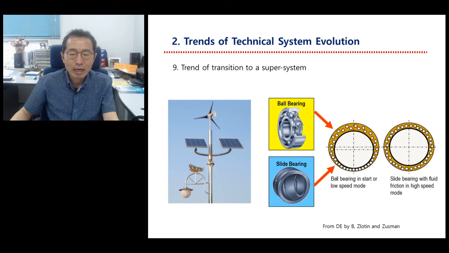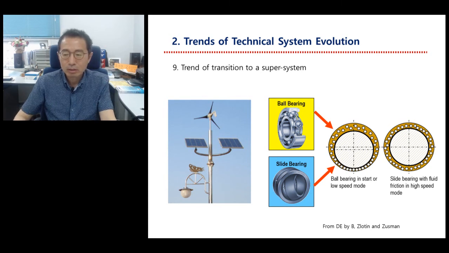Here we can see a hybrid system that combines solar and wind power systems. And the right side is the hybrid bearing system. Ball bearings are advantageous at low speeds, but at high speeds there is a disadvantage of being worn out.